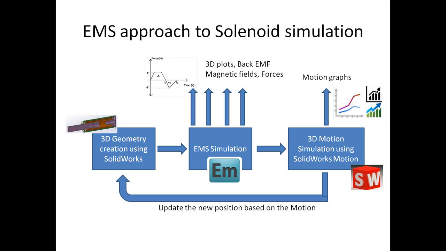Now, when a new motion is updated and the new position is obtained using SolidWorks Motion, that is actually fed back into electromagnetic simulation, where it calculates the new field and the new force, and this loop goes on till the final position of the valve is reached. So this is the EMS and SolidWorks approach to solenoid simulation.